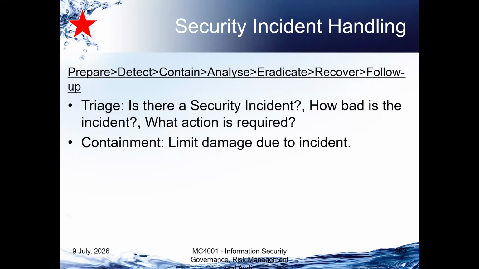Network segmentation is a key control to ensure that containment is possible, and it can be done very quickly. Because if you don't segment your network, you'll probably have one flat network, and containment is basically shutting down that network.